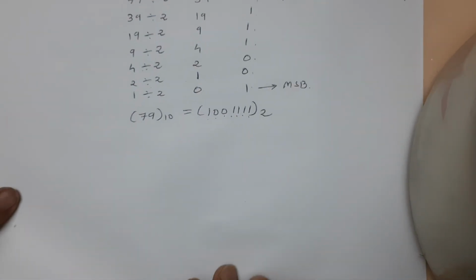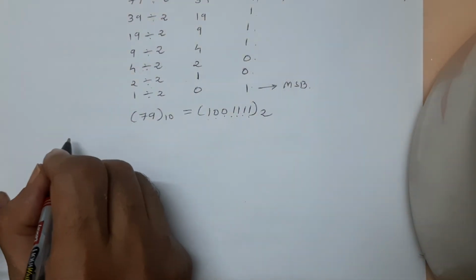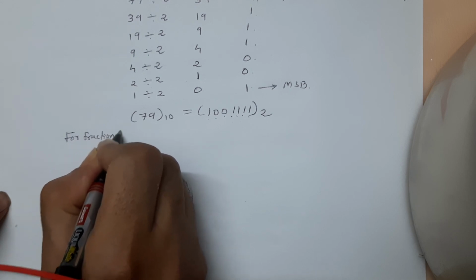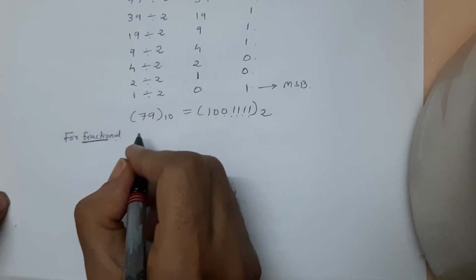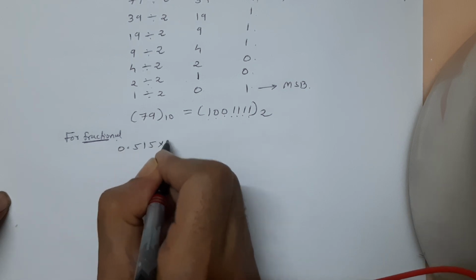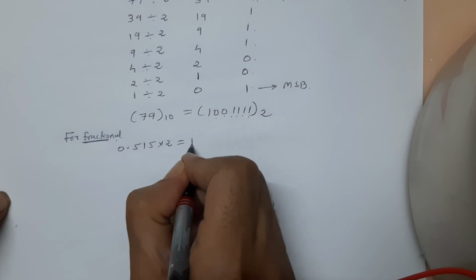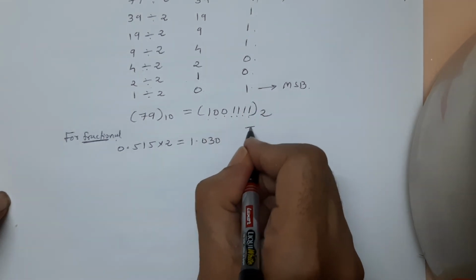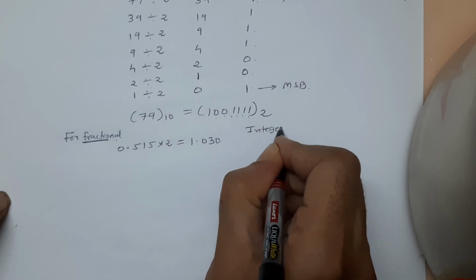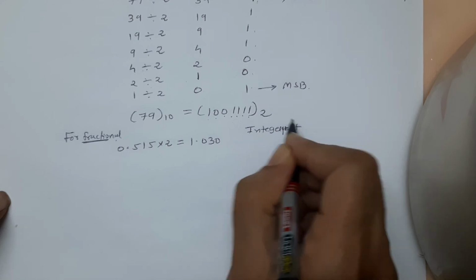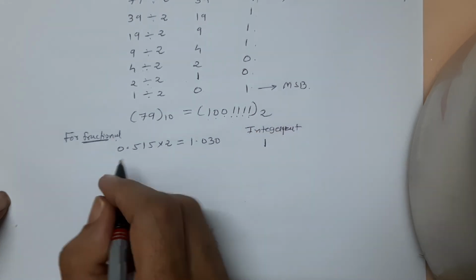So we know that for fractional we use multiplication. So 0.515 into 2 is equal to 1.030, integer part 1.